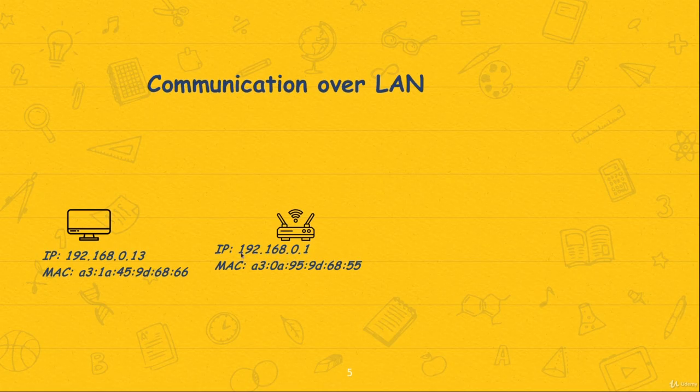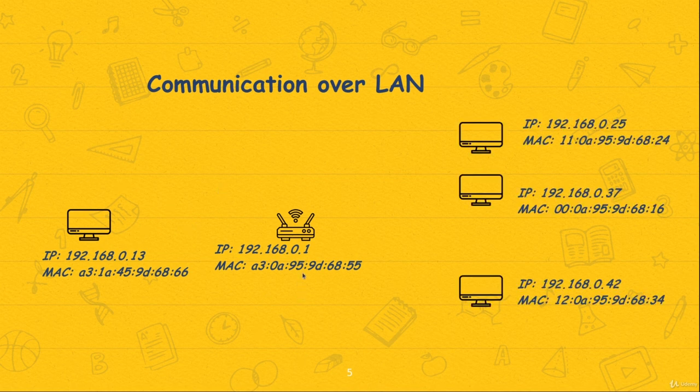Its address is 192.168.0.1, and most of the time you will find that every router has this address, because it's a convention used in local area networks. And then you have three other devices. Now let's say you want to communicate with this address, 192.168.0.25, and this is your machine.